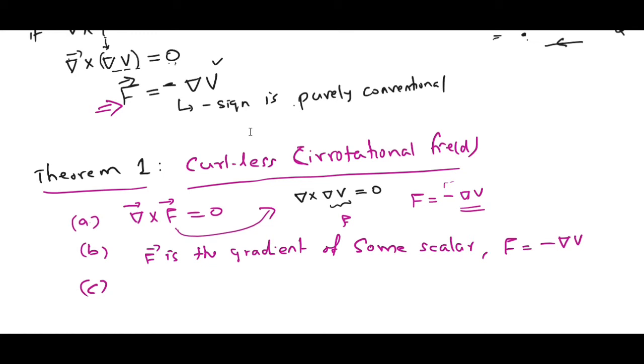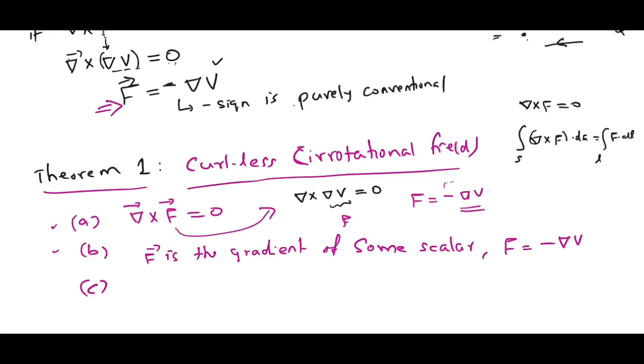All these conditions are equivalent. Whatever I am listing here, A, B, C, D, E, all those conditions are equivalent. They give the same meaning. If del cross f is equal to 0, and if I apply the Stokes theorem, that is del cross f dot dA, Stokes theorem converts the surface integral into a line integral.